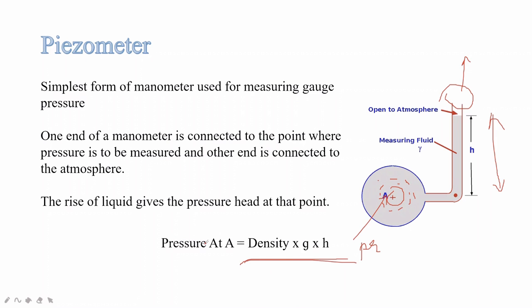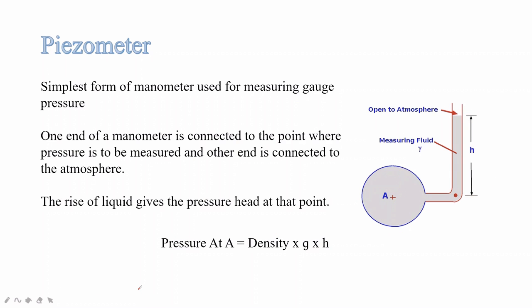In this calculation, the density is the liquid density, the fluid density, whichever is present here. Gravity is constant, 9.8. H is the distance from here to here, to which it is raised. Now this was about the piezometer.